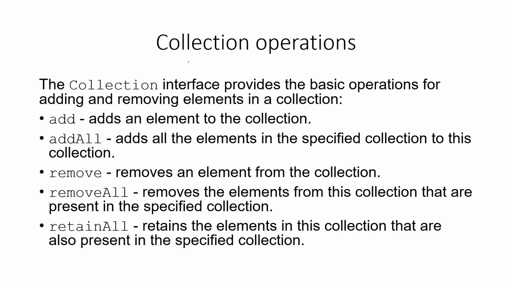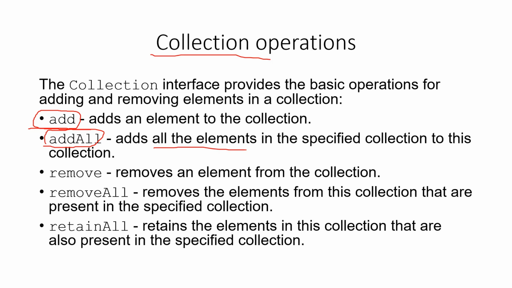The collection interface allows us to define the next common methods. First is add. It adds elements to our collection. It means that all the classes and abstract classes that inherit from the collection must have this method. Add all allows you to add many elements, or all the elements, at the same time.